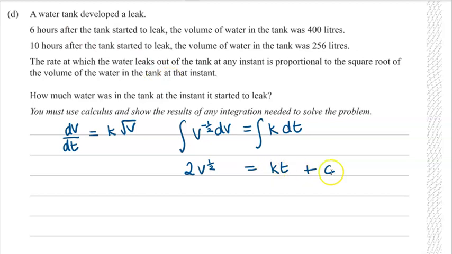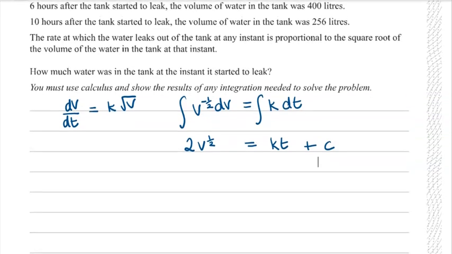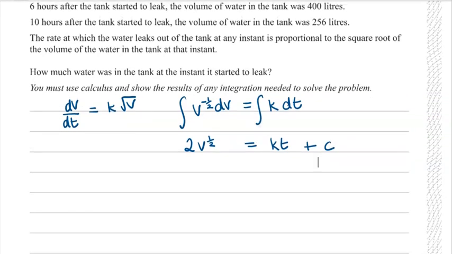Now we have two constants we don't know, k and c, but we've got 2 bits of information up here to help us work that out. So when t is 6, the volume is 400. So if we do the volume in here, 400 to the half is equal to k times 6 plus c.